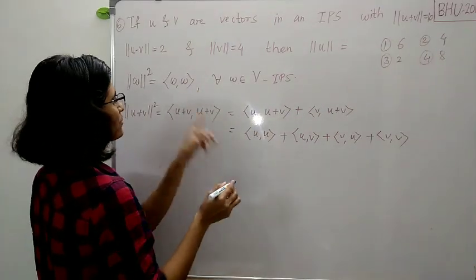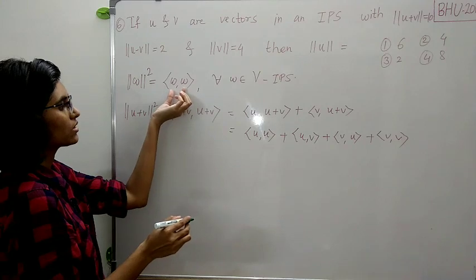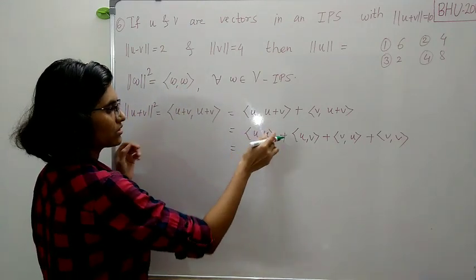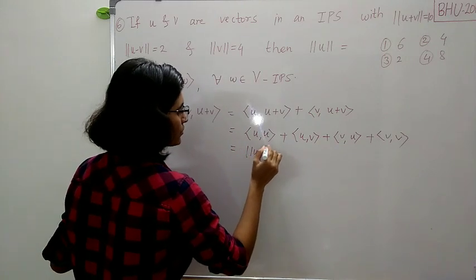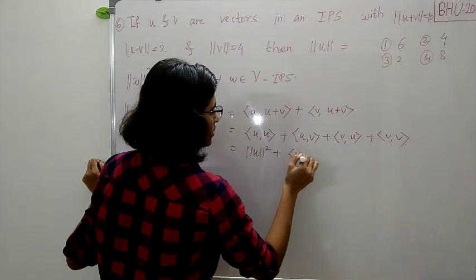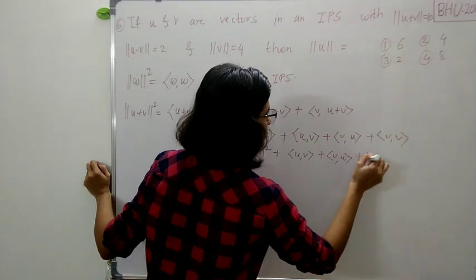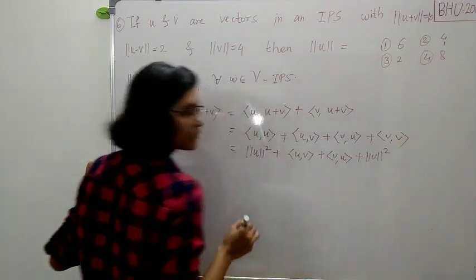Now just use this. Whenever we have the inner product of u with itself, it is just norm of u square, plus u with v, v with u, plus this is norm of v square, right?